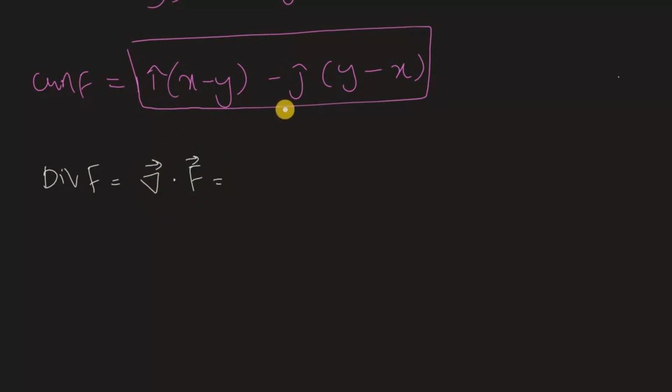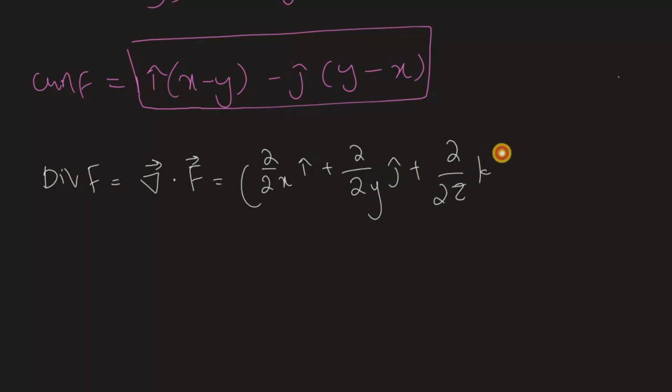So the gradient is simply partial derivative with respect to x, I hat, partial derivative with respect to y, j hat, and partial derivative with respect to z, k hat, and dot producted with the function p I hat, q j hat, plus r k hat.